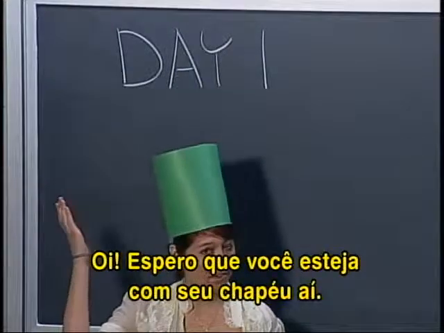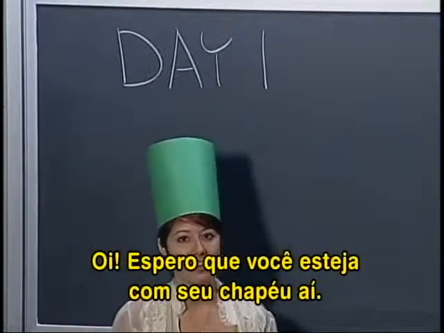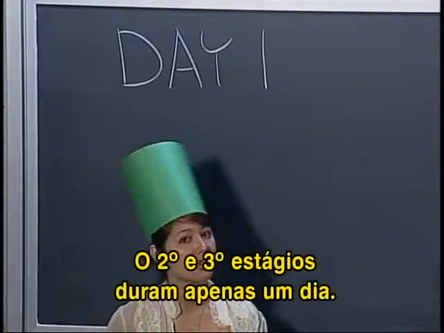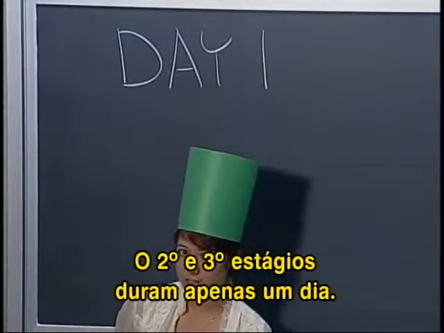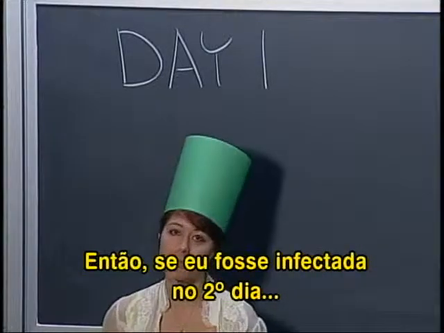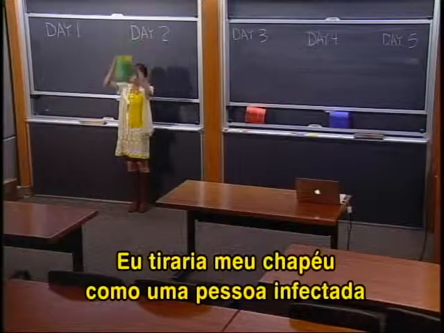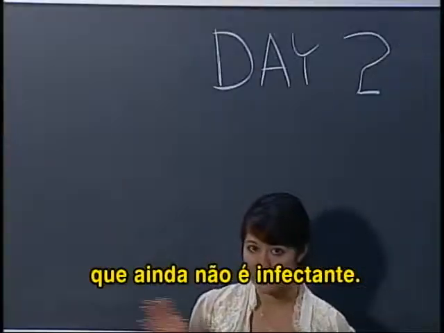Hi, so I hope you guys all have your props ready in hand. You will all progress through these 4 stages in sequence, and stages 2 and 3 last only 1 day each. So, if I were to become infected on day 2, I would remove my hat as an infected person, not yet infectious.